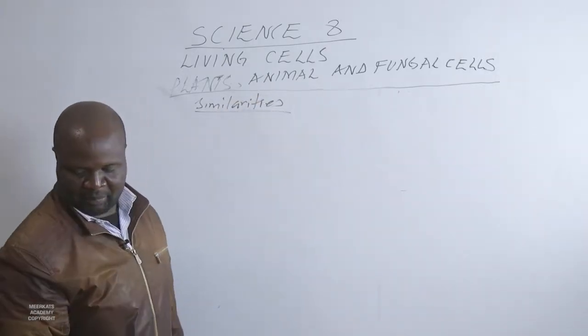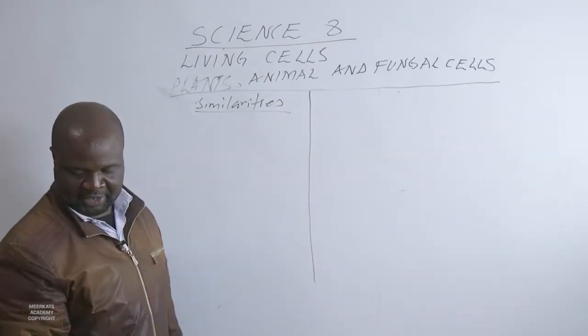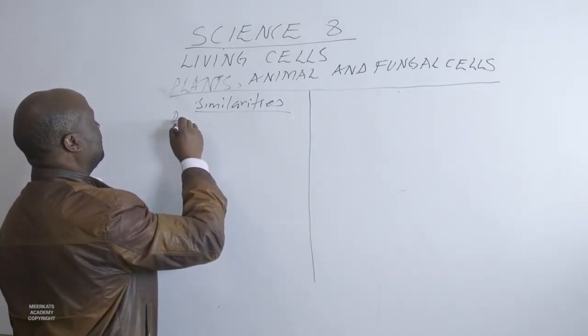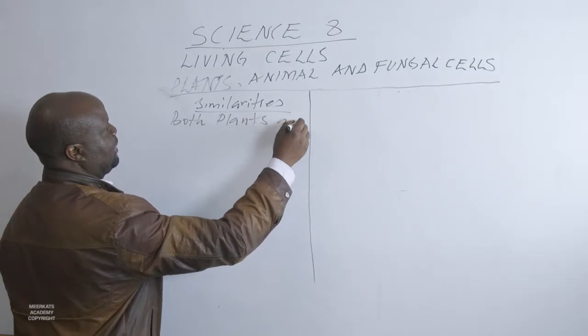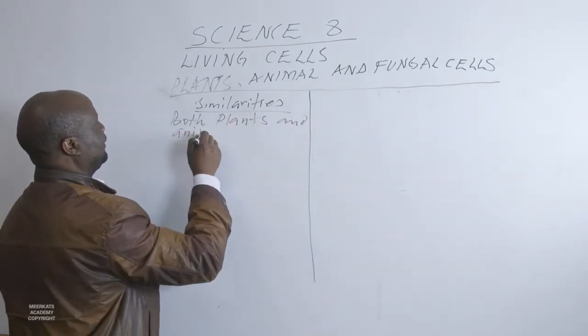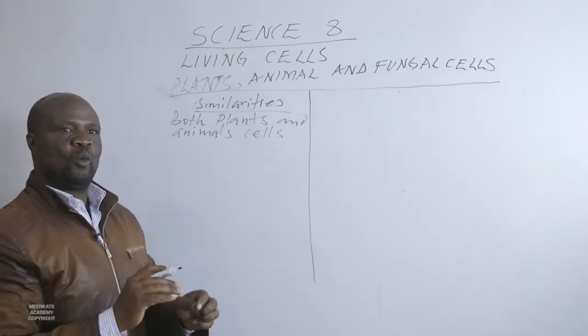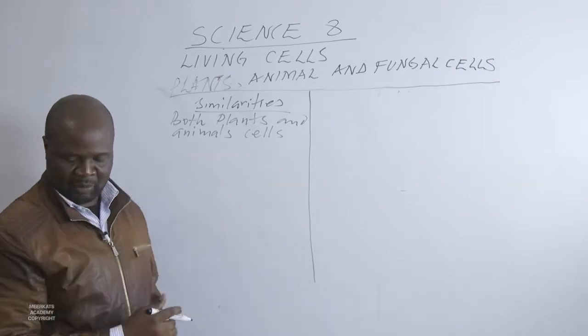We shall enumerate them here. We can have such a table, and then we have both plant and animal cells. So we shall see what is similar, what is in both plant cells and animal cells.